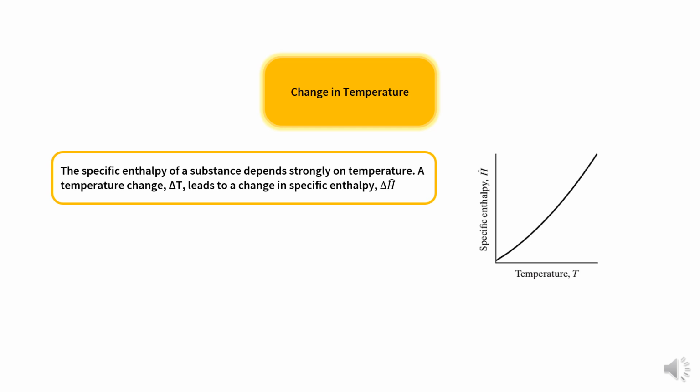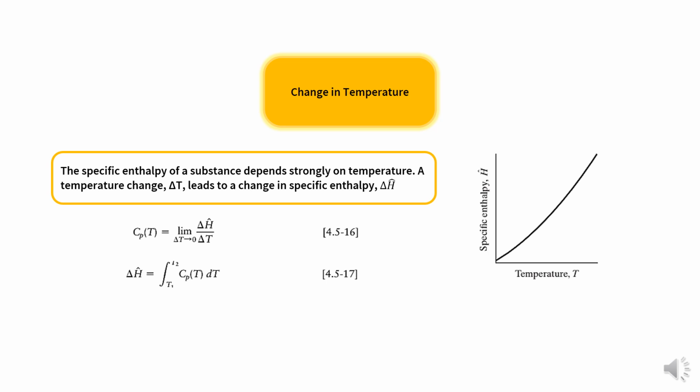And here is the schematic relationship between the specific enthalpy and the temperature. The slope of the line is the heat capacity at constant pressure. So the heat capacity can be calculated as the equation below, and also in integral form.